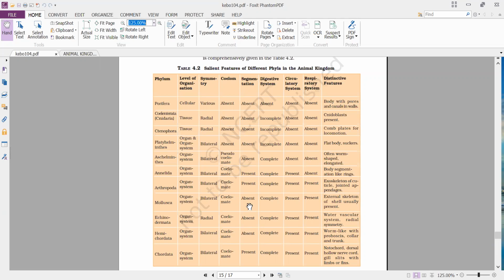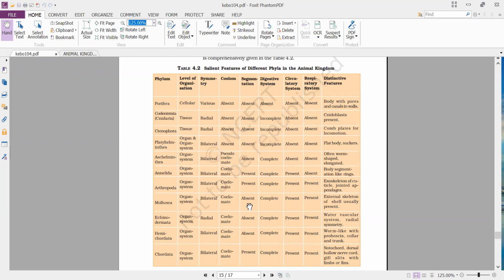So the same opening will act as mouth as well as anus. In platyhelminths also, we'll find this incomplete digestive system. And starting from aschelminths up to the chordates, we'll find the complete digestive system.